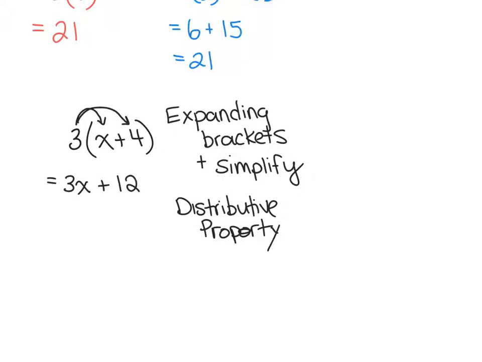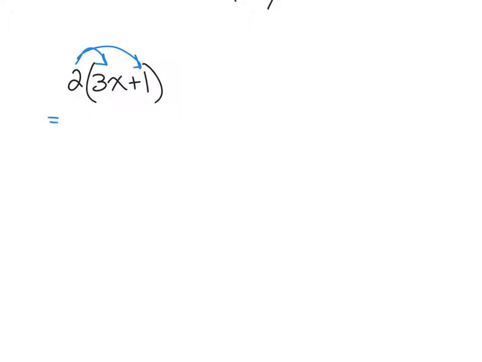Okay. All right, so let's just do a couple more examples to make sure you understand. And we'll change up our variable a little bit. So here we have 2 times (3x plus 1). Let's give that a shot. We're just multiplying everything in the brackets by 2. So 2 times 3x would be 6x, and 2 times 1 would be 2.